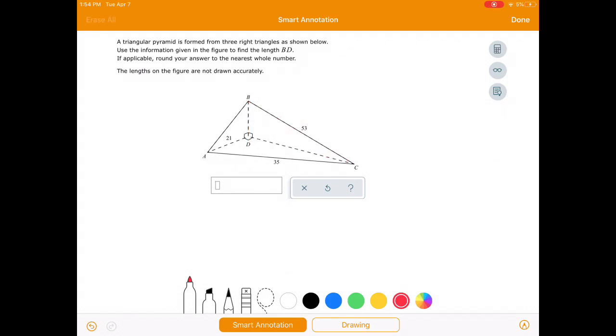But if you look at the bottom right triangle, we do have 2 sides. All right, we've got 35 and we've got 21. Looking for that right angle again, we know that 21 is a leg and 35 is the hypotenuse.